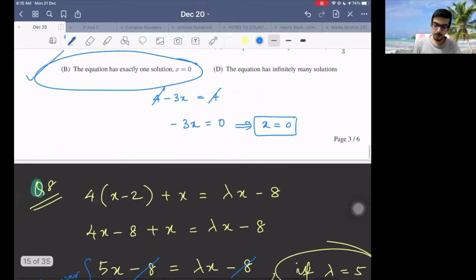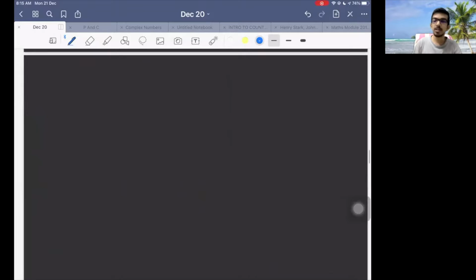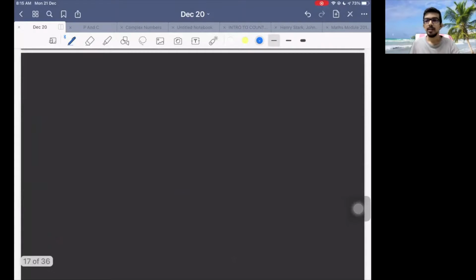So the next topic is equations. So we are on linear equations in one variable. And linear equation in one variable, what does it mean? The degree of x will be 1. So we will have an equation in which the degree of the variable will be 1. But there are equations which may not look like a linear equation, but if you just manipulate it slightly, they can be converted to a linear equation.